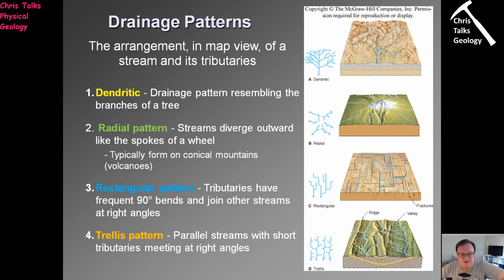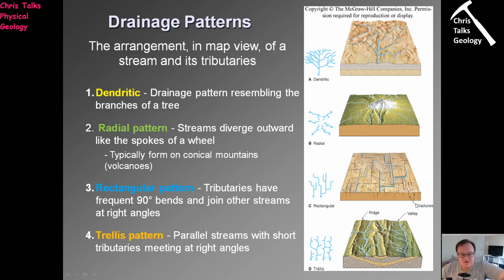And as the rock expands, because the rock is a brittle substance, it cracks. And it just so happens that a lot of the time when the rock cracks, those cracks will form at 90-degree angles to each other. So it's not uncommon to find joint sets where the joints intersect at 90 degrees.